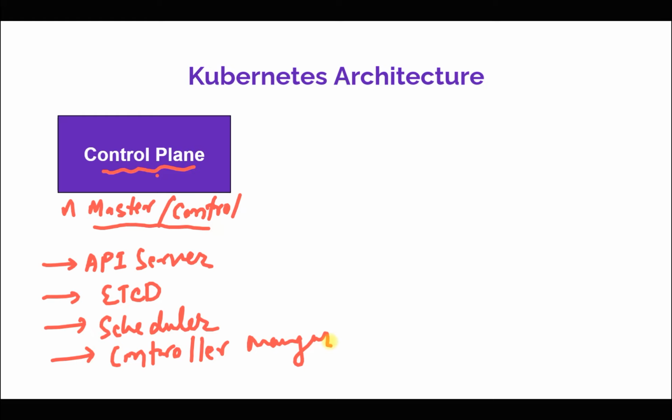The API server is the main entry point for interacting with Kubernetes. The controller manager manages other controllers. The scheduler manages the scheduling of pods, on which node they will go. etcd only communicates with the API server and holds key-value pairs in its database. Okay, so these are the core components of the control plane.